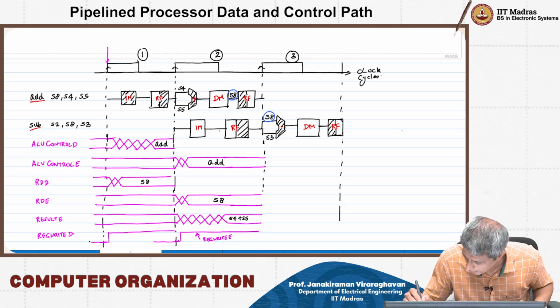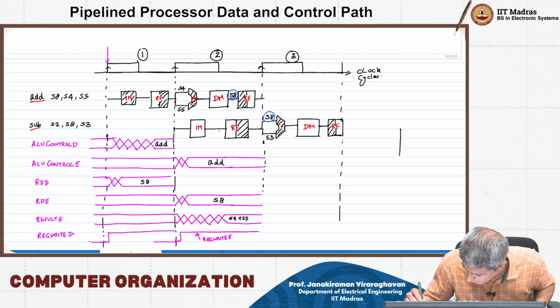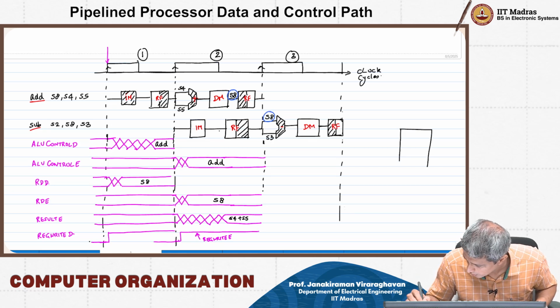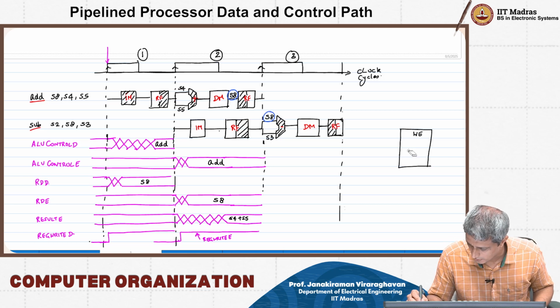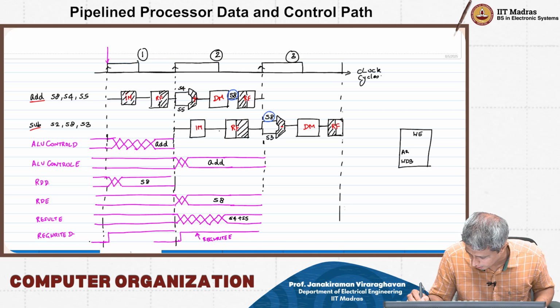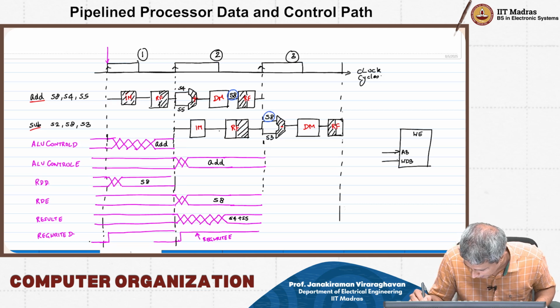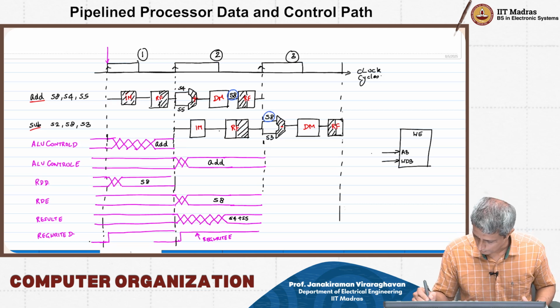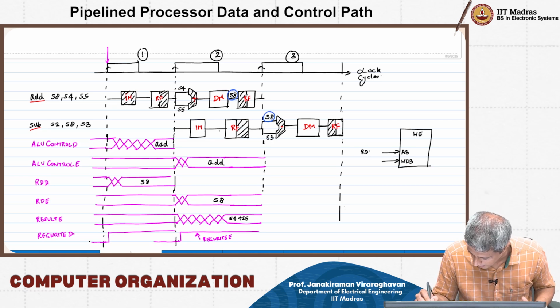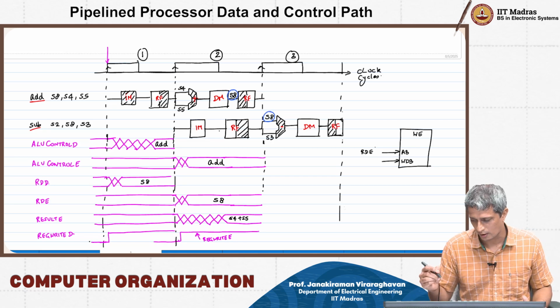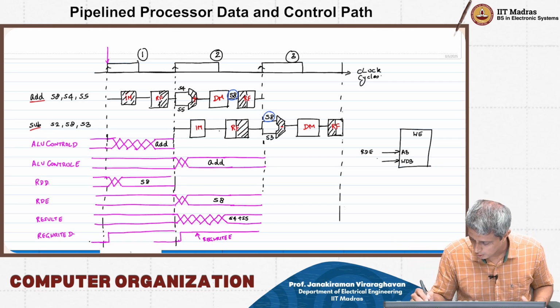In my register file, I have my write enable here, then I have WD3, the data in the third port, and the address of the third port. This is where I am getting my RDE, the destination register in the execution cycle.